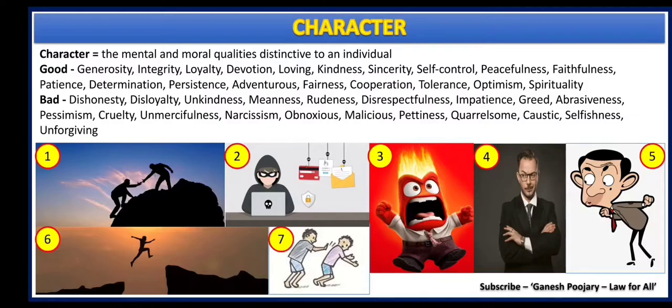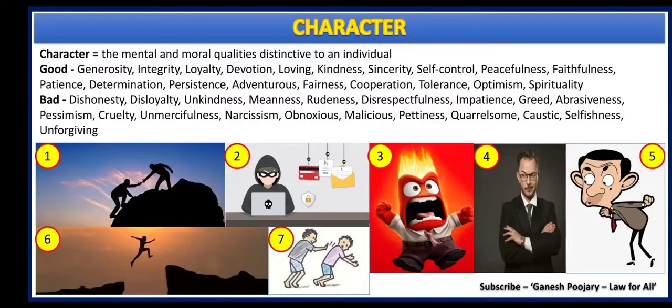Now if you see the sixth image, you can interpret it in different ways. The one who looks at the positive side of the image will say this is a very good character, a very brave character because he is adventurous. On the other hand, there might be people who say the sixth image is an example of foolishness.